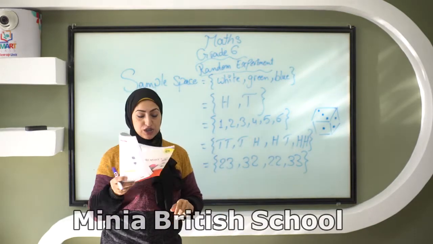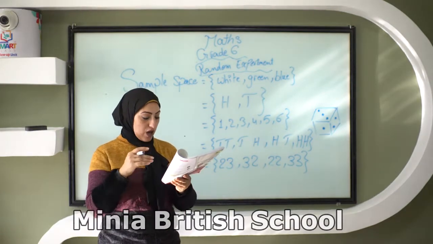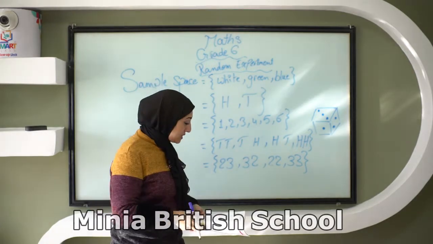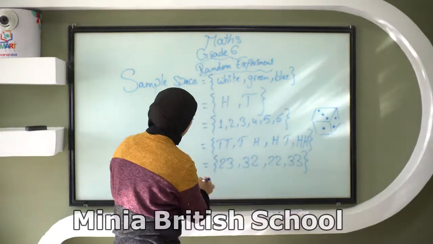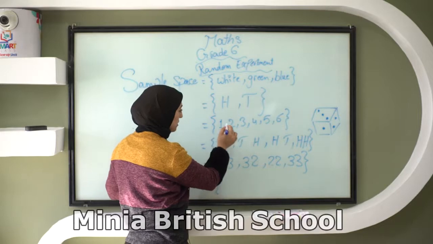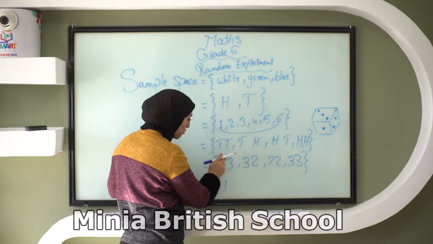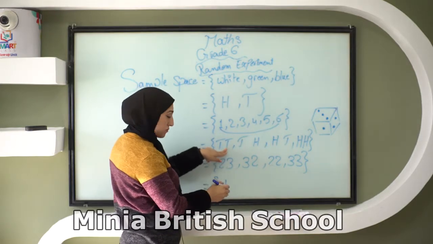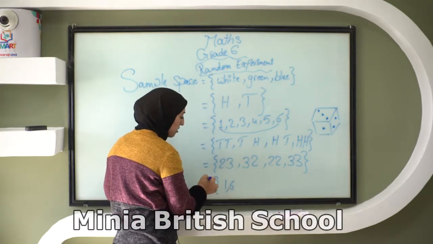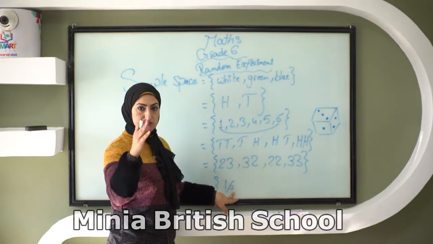The last question: in the experiment of tossing a die under the condition that the sum of the dots on the upper 2 faces is 7. So let's see. Here, I write it here. 1 and 6 give me 7. I can't write it as 16, because that would be a different element.